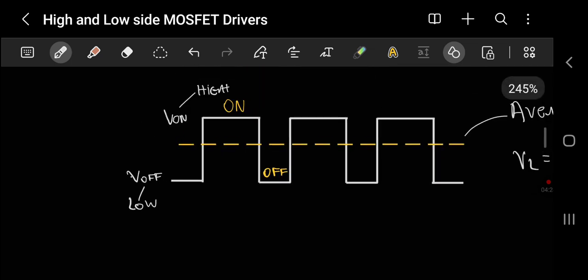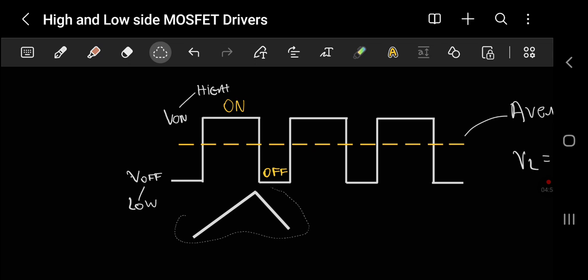So when at the node we have a high voltage, the current of the inductor is going to have a positive rate of change, and as the switching node is turned off, we're going to have a negative slope, a negative rate of change of the current.